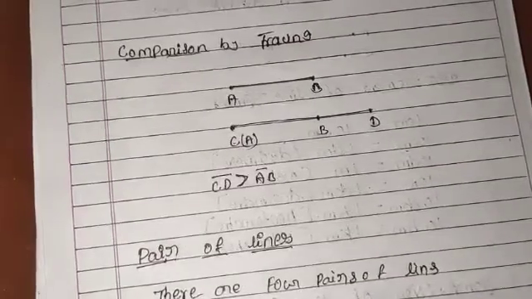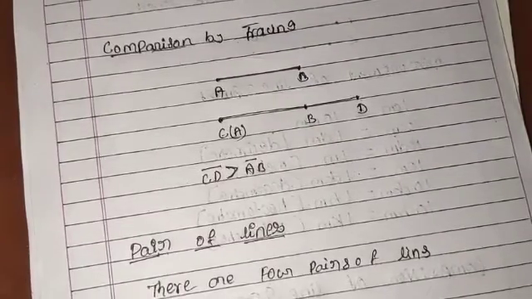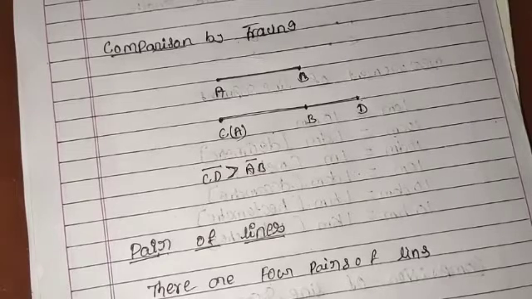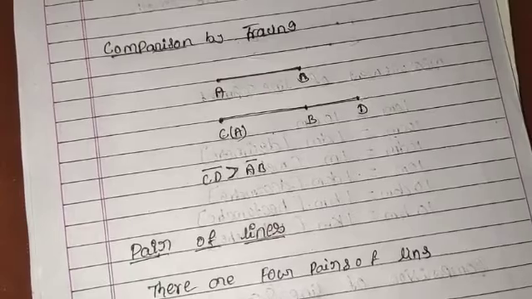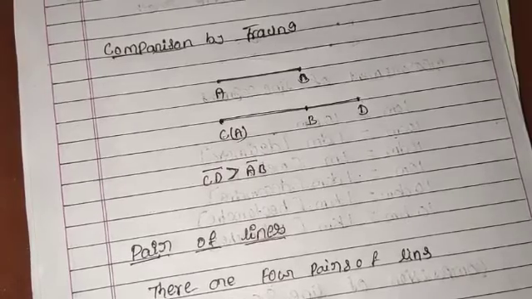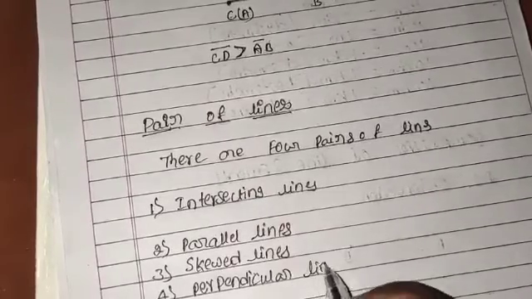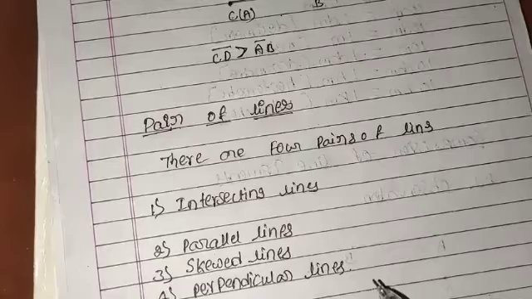The first one is intersecting lines, the second one is parallel lines, the third one is skewed lines, and the fourth one is perpendicular lines.